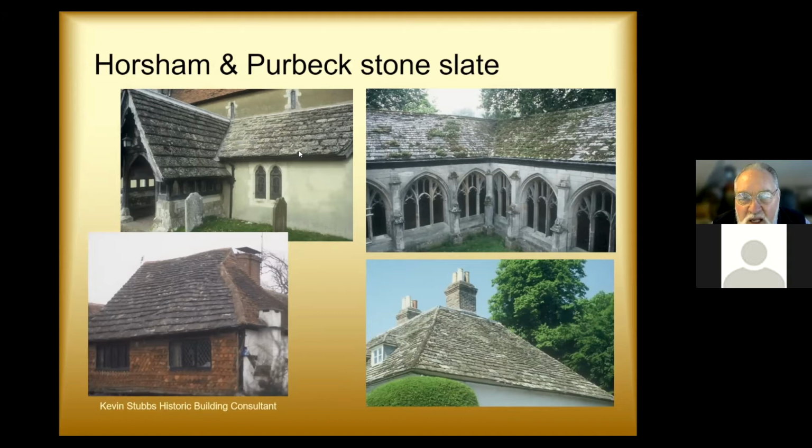So we get Purbeck and Portland stone being used for roofing, and also in other areas over towards the Sussex border, we find this Horsham stone being used. It splits fairly finely. It comes from close to the surface, so most of the quarries were very much surface quarries rather than deep quarries.